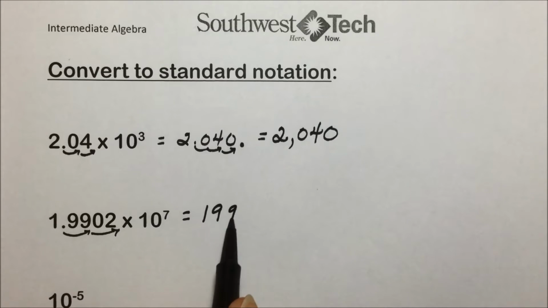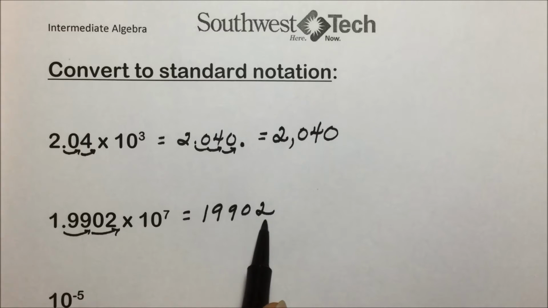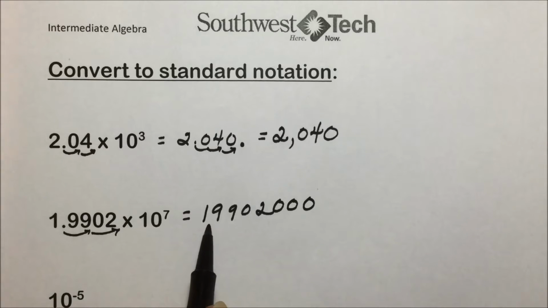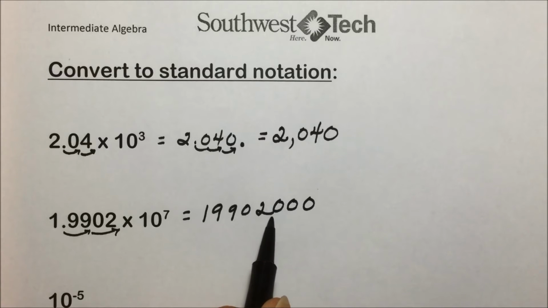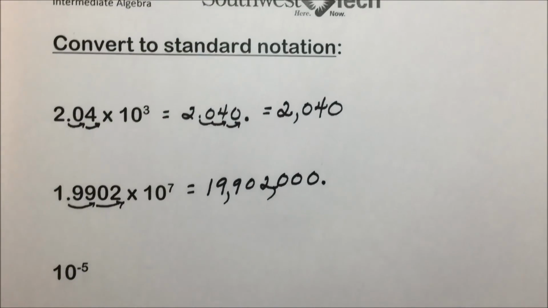That means we're going to have to put placeholders. Here was the first 2, here was the next 4, 5, 6, 7. So our original decimal place was here. There's 1, 2, 3, 4, 5, 6, 7 is the new place on our number, and this original number was over 19 million.